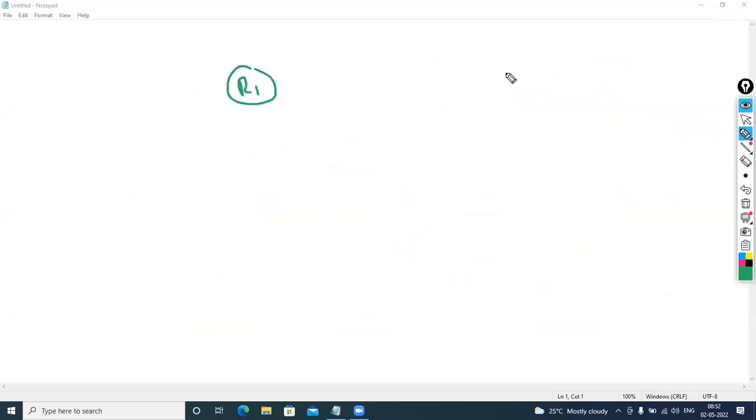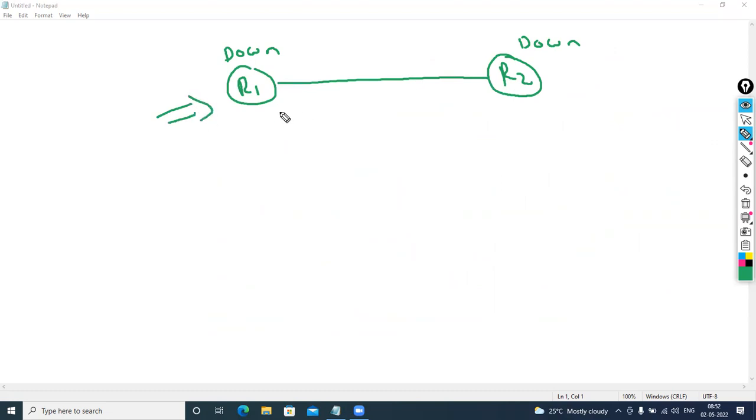Now, let us consider two routers, R1 and R2. Initially, both are in the down state. Now, when you enable OSPF here, it will initialize by sending a hello packet.